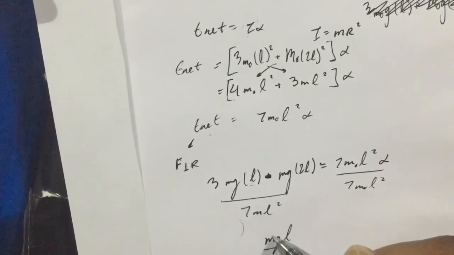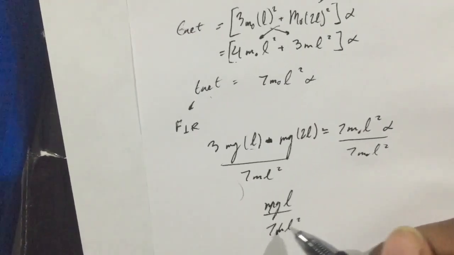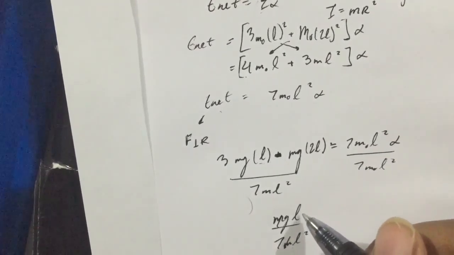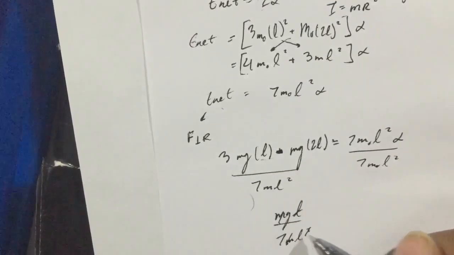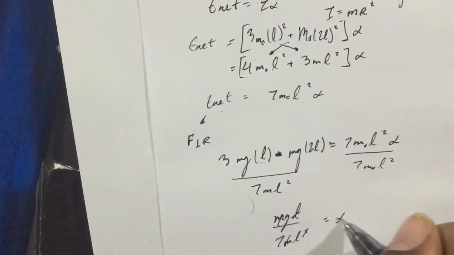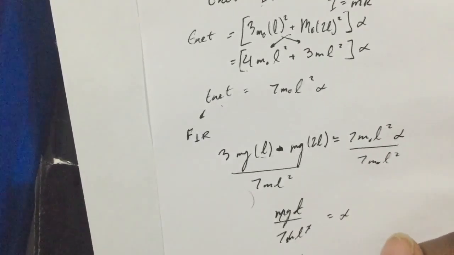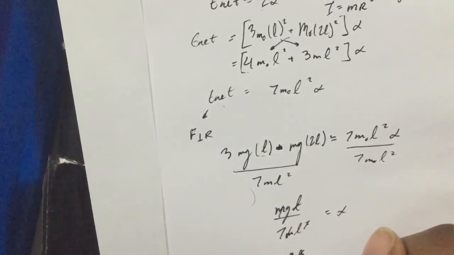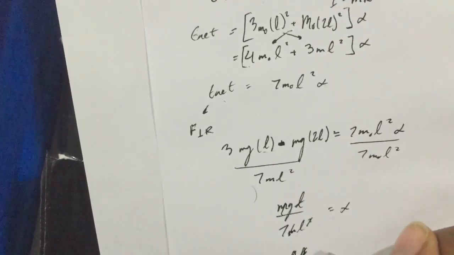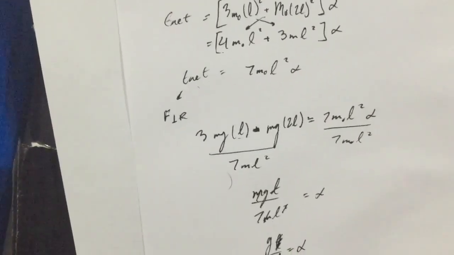You can cancel out the m, and L over L squared would equal 1 over L, so g over 7L equals the angular acceleration.